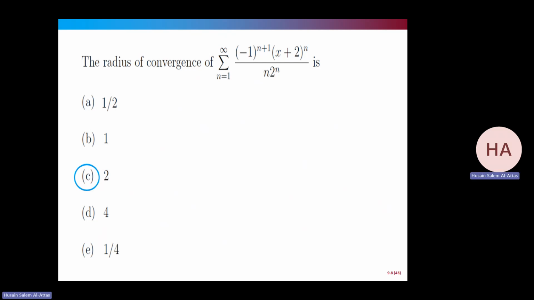This one, do the same thing. I think he wants the radius, he wants the radius. So be careful now. This one, I have x minus c, so c equals minus 2. So I'm looking for this r.